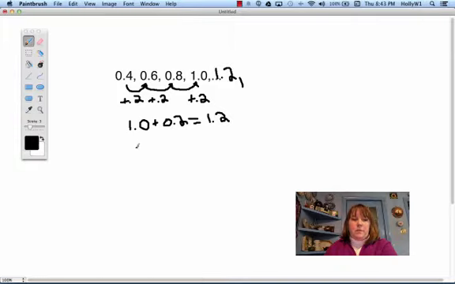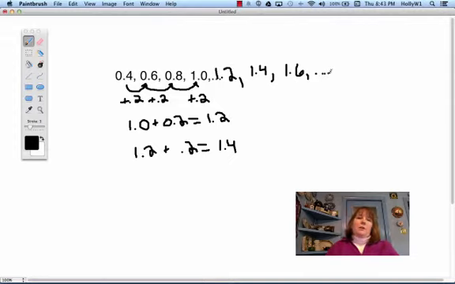The next term would be 1.2 plus 2/10, which is equal to 1 and 4/10. And then the next one after that would be 1 and 6/10. And again, it goes on and on like that.